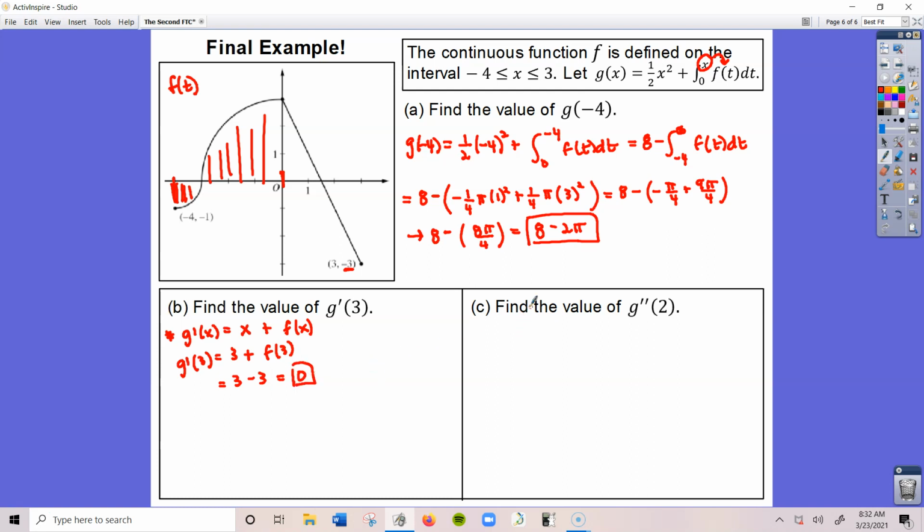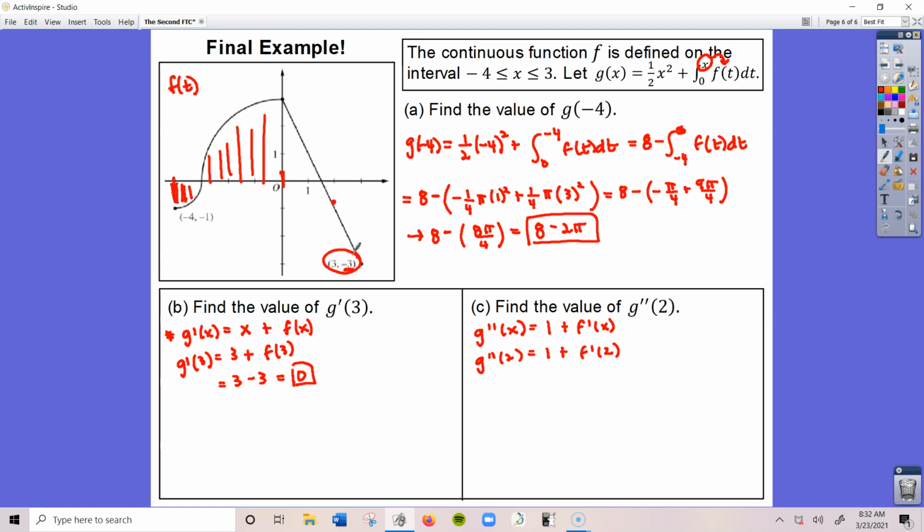Final question here, we want to find the value of g double prime of 2. So again, I need the derivative of g prime. So g double prime of x is going to equal 1 plus f prime of x. Now I plug in the 2, and that would give me 1 plus f prime of 2. If I look here, 2 is right over here on this line, so I need the slope of this line.